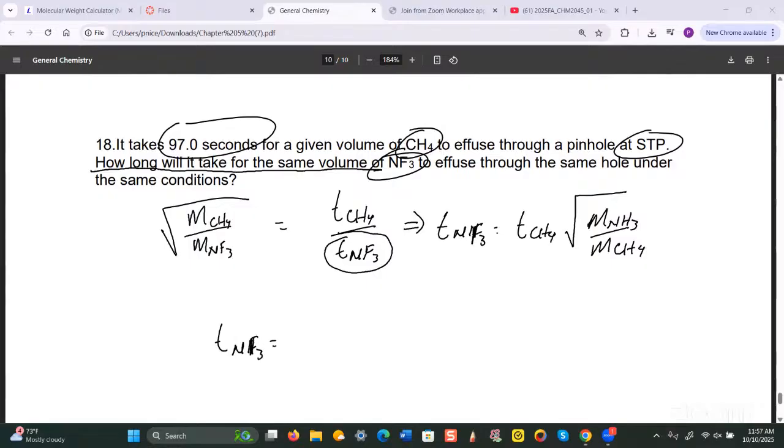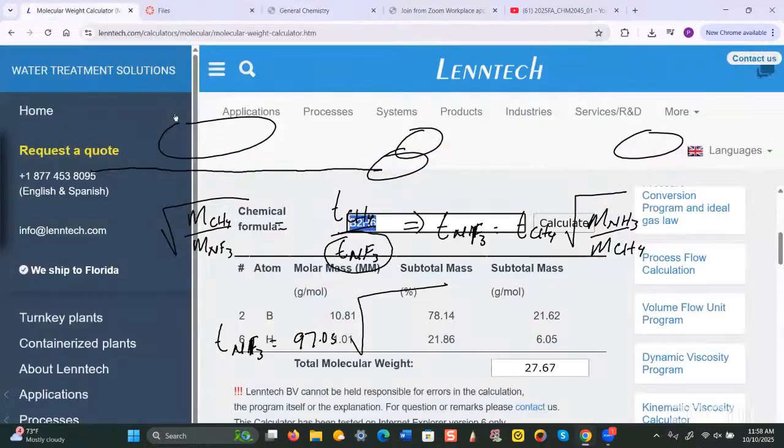So T of NF3 is equal to T of CH4, which is 97.0 seconds, multiplied by the square root of the molar mass of ammonia. Not ammonia, NF3, what am I saying?